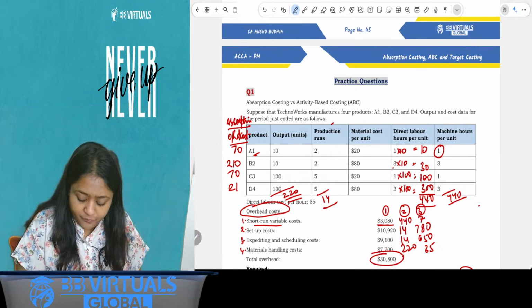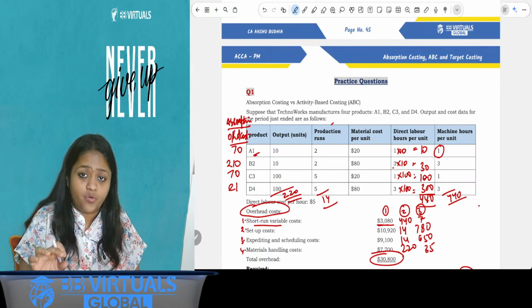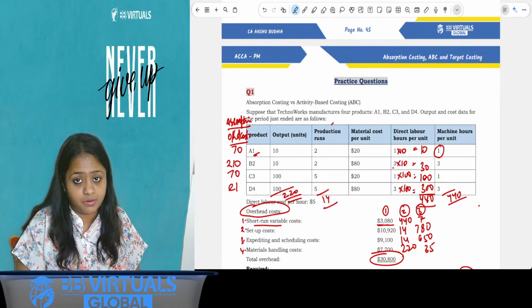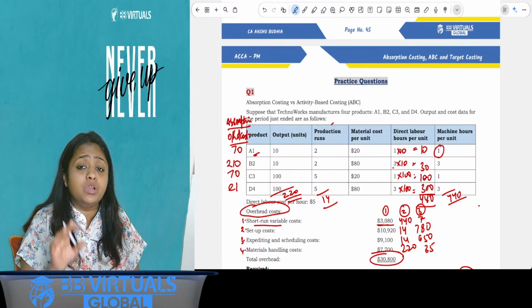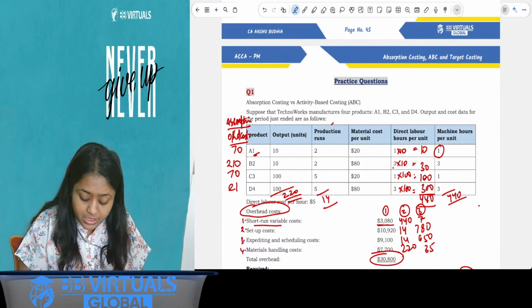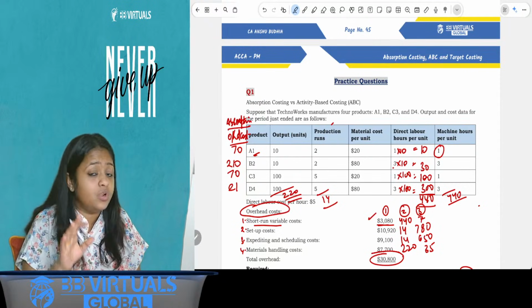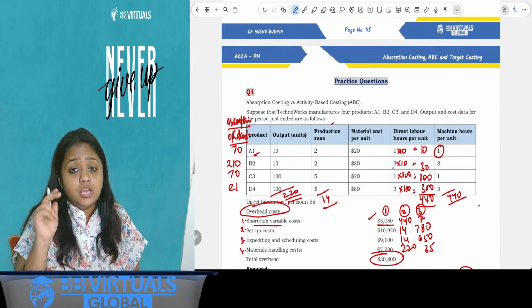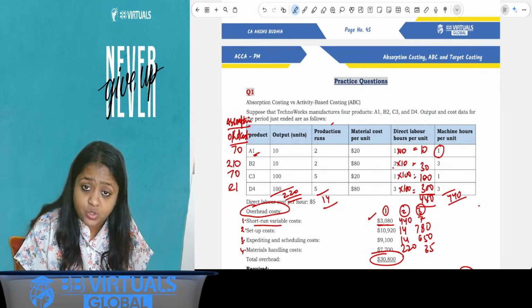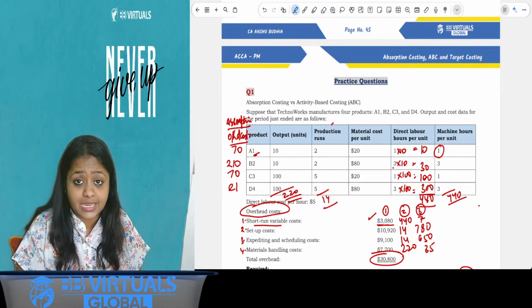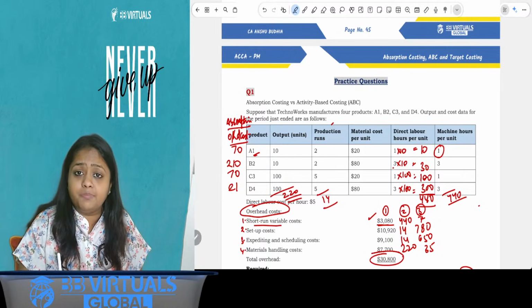If you multiply 1 with 7, you will get the overhead allocation for short-run cost. But when you do the allocation for ABC, remember you will do it for totality because you need to match it with the total cost. So never allocate it per unit. What you will do is A1 requires in total 10 machine hours, and every machine hour will be at the rate 7.